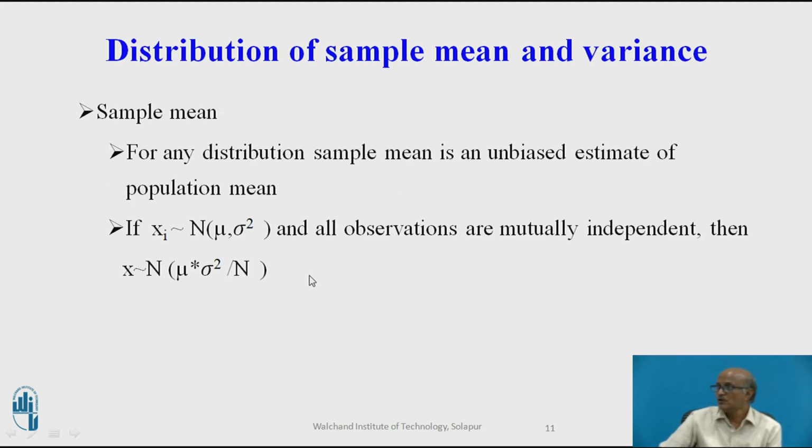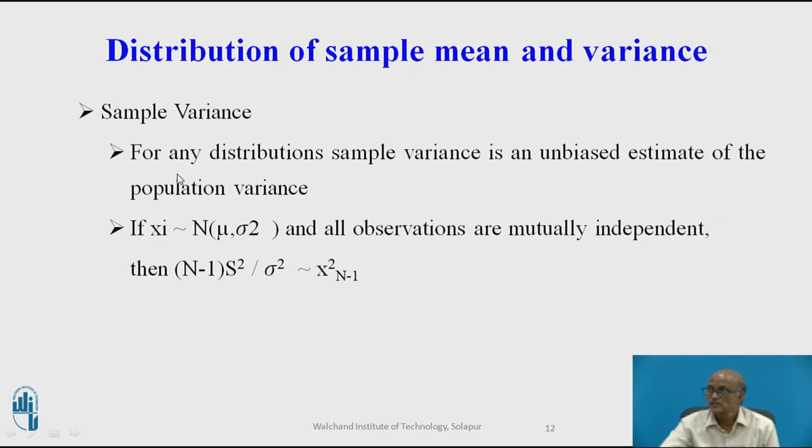Now what is the distribution of sample mean and variance? For any distribution, the sample mean is an unbiased estimate of the population mean. If X i are distributed as N(mu, sigma squared) and all observations are mutually independent, then X bar is distributed as N(mu, sigma squared upon n).